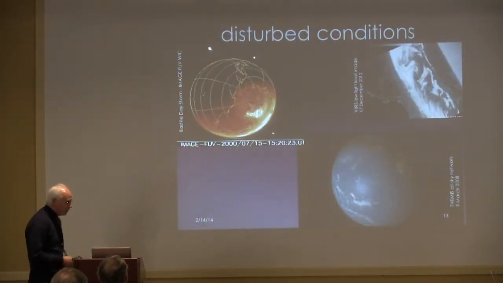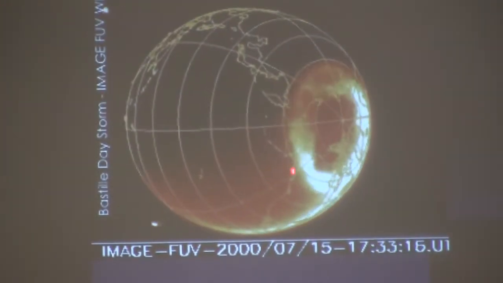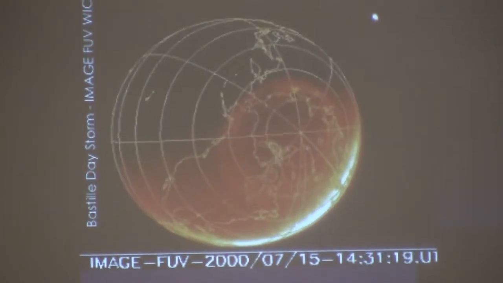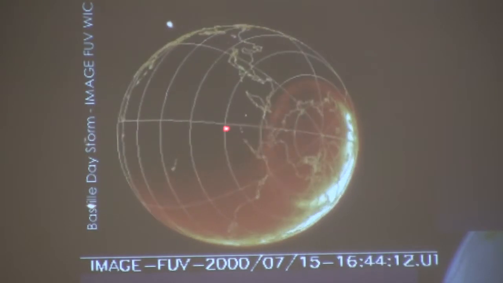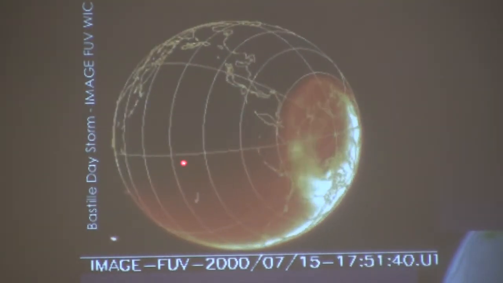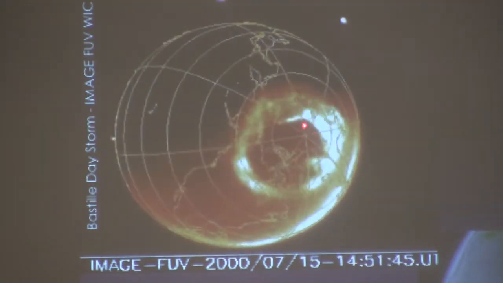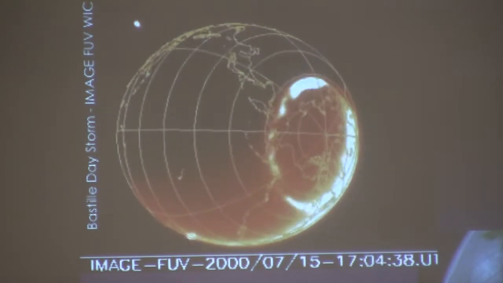We do have data showing the dynamic aspect of the aurora and other emissions. From Steve Mende's FUV imager on IMAGE, we imaged the Bastille Day event, fabulous data. You can get a sense of the time resolution and the spatial resolution.